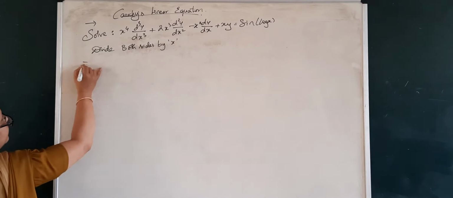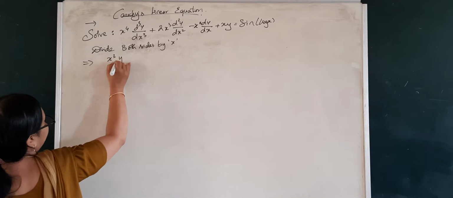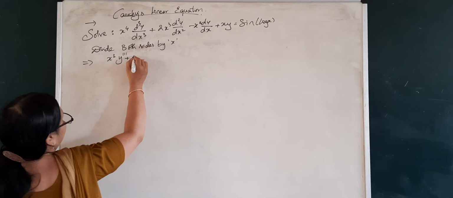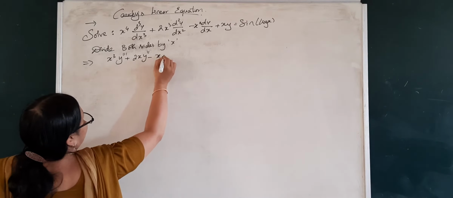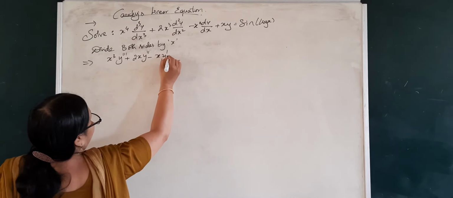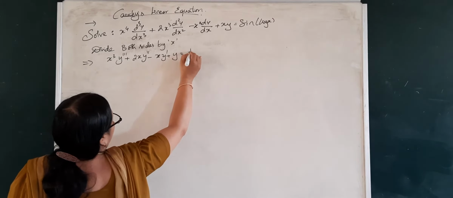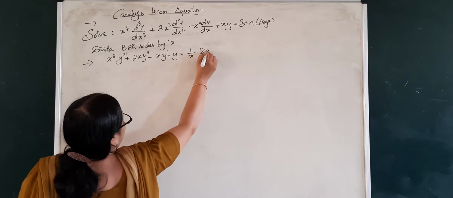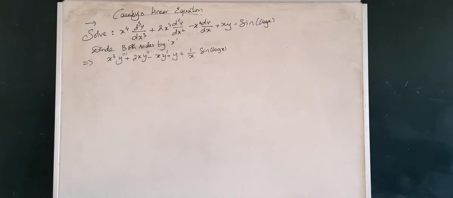So we get x cube y triple dash plus 2x y double dash minus x y dash plus, by dividing by x we just get a y here, is equal to 1 by x sin of log x. You get another function on the right side. You have to be a little careful over there.